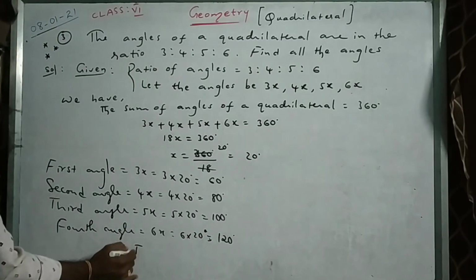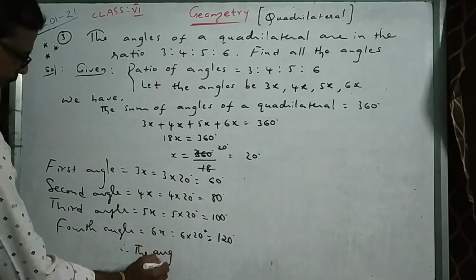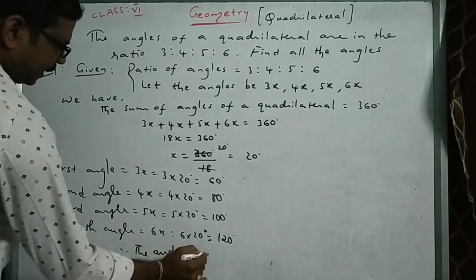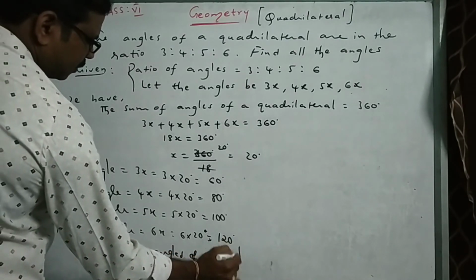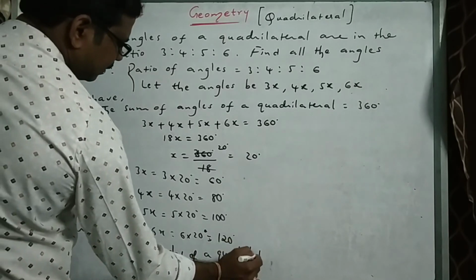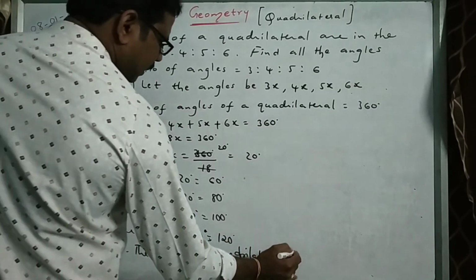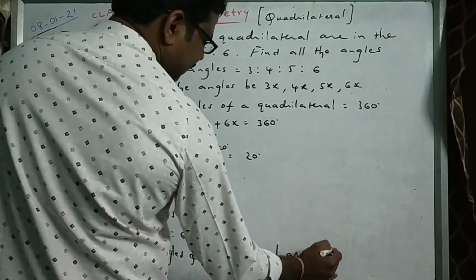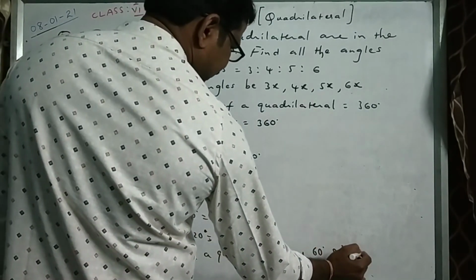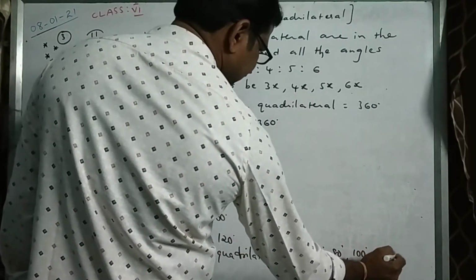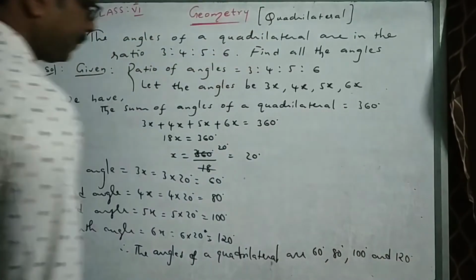Therefore, the angles of a quadrilateral are 60, 80, 100 and 120.